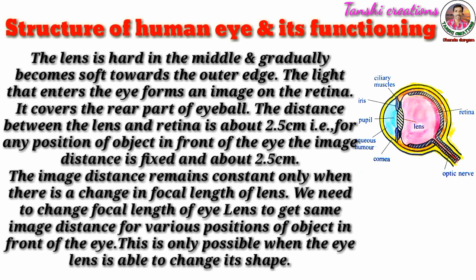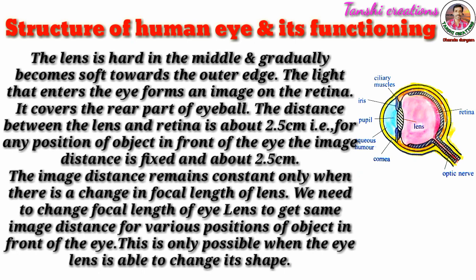That is, for any position of an object in front of the eye, the image distance is fixed and about 2.5 centimeters. But how can we get the same image distance for various positions of objects? How is it possible?